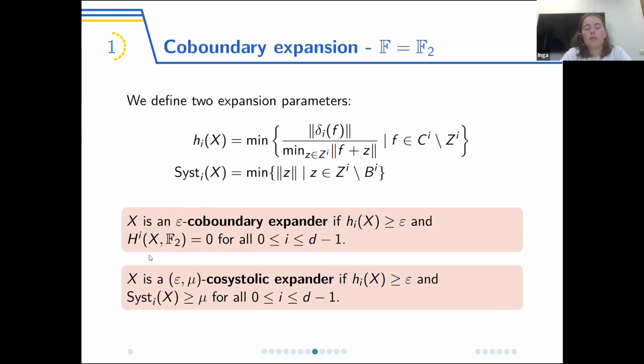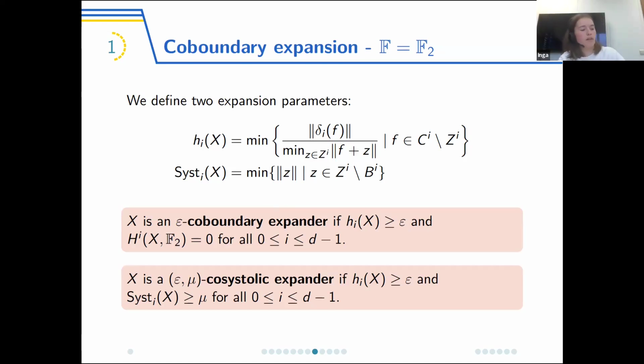So that's why the notion of a co-systolic expander was also introduced, which is still strong enough to get some results in applications, but no longer requires that the cohomology groups are trivial. And just for technical reasons, we also have this assumption on the size of cocycles that are not coboundaries.